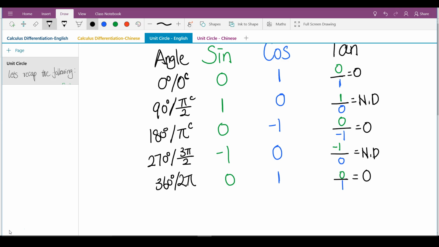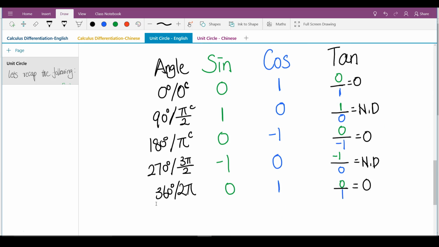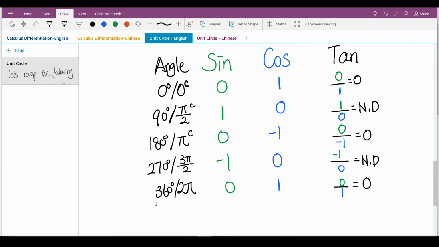Yeah. So these are what we called the 4 angles we just found out, or 5 literally, because 0 and 360 are the same, so yeah, okay, let's just call it 5 then. So these 5 angles are called the boundary angles.